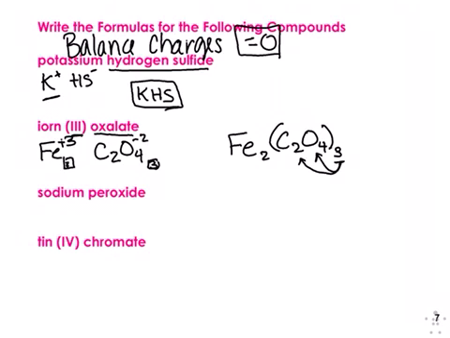A trick here to help you not have to do the math: generally speaking, whatever the charge on your cation is will become your subscript on your anion. The crisscross method, yes. The charge on your anion will generally become the subscript on your cation. This does not work for examples like this first one where everything is same, 1-to-1. Okay? There are some where it will not work. Are there any questions?